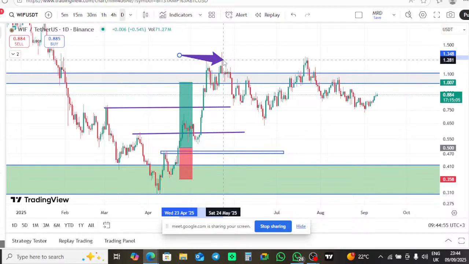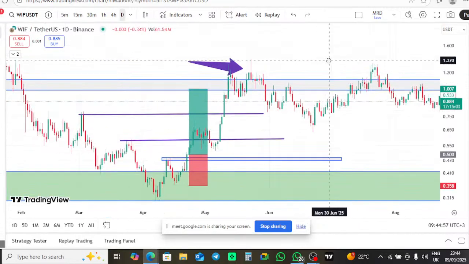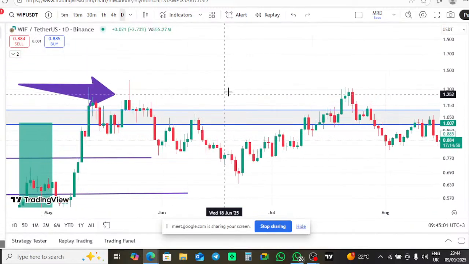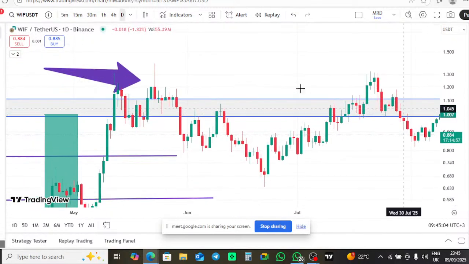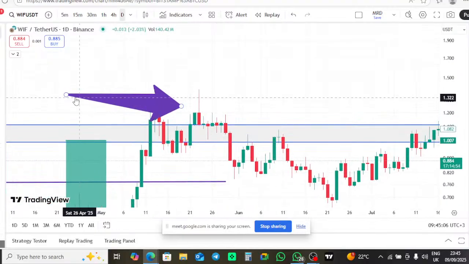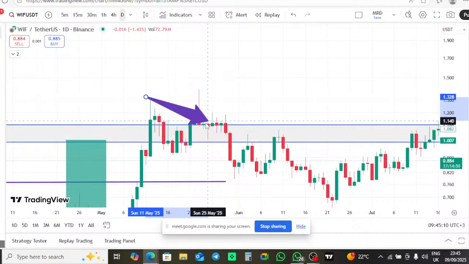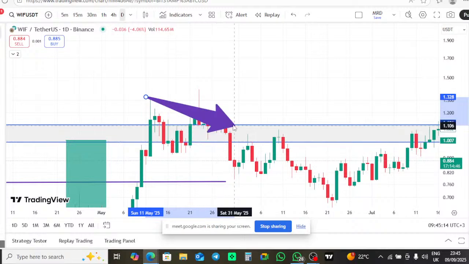But now, when you look at this point here, after rejection, we are seeing a doji. Now, what is the doji helping us to do? From this rejection, followed by a doji, followed by a pin bar, the market is now luring you into a trap.